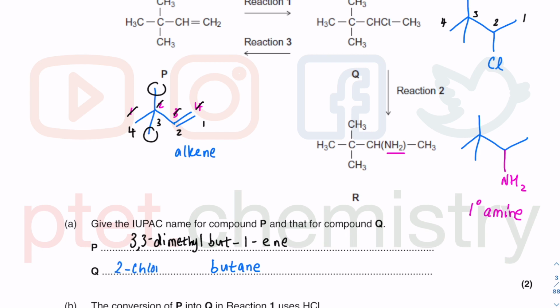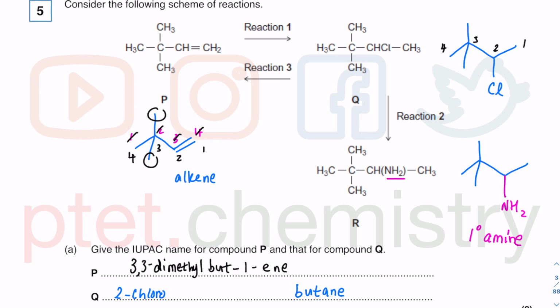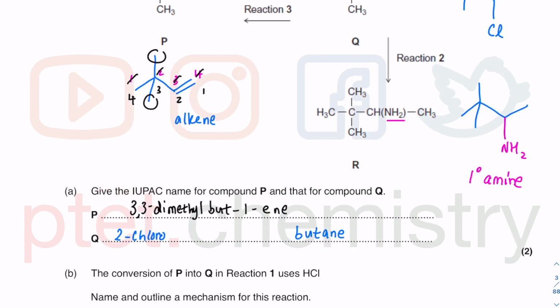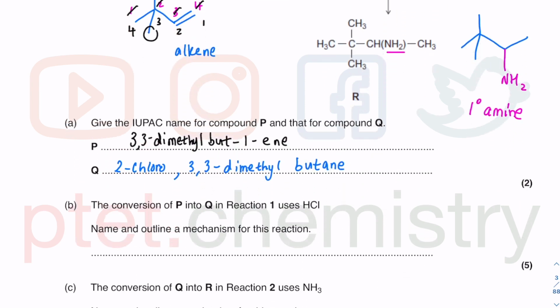Then your decision is, where does the chloro come in? Is it the chloro or the dimethyl first? Because your dimethyl is still at position 3,3. If I look alphabetically, C is smaller than D, so C comes first. So 2-chloro-3,3-dimethylbutane, because C comes before D, so therefore I put the 2-chloro first before the dimethylbutane there.